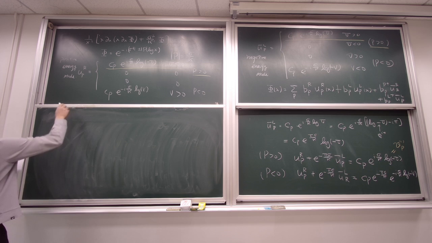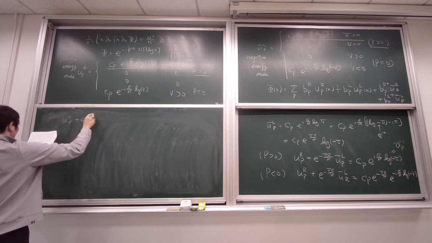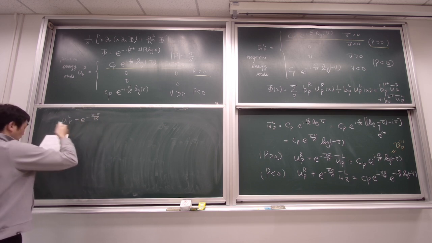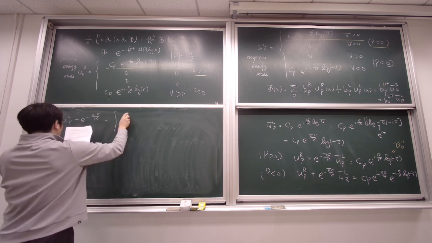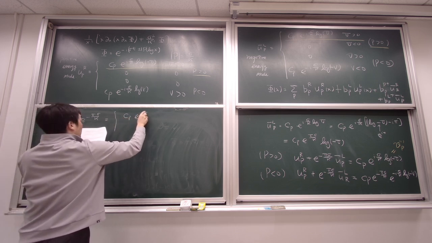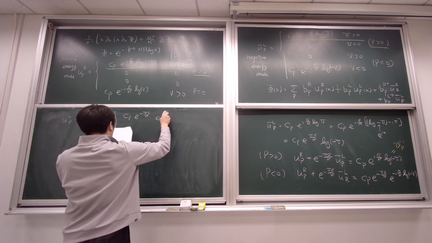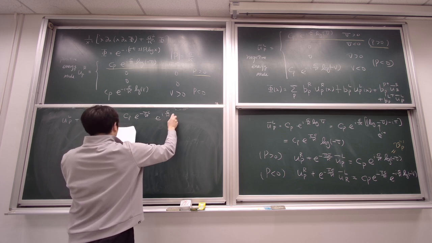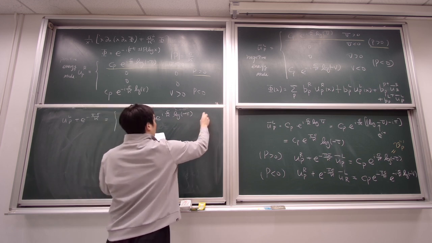And we can also construct UL of P plus e to the minus pi sigma over kappa, which is something like Cp e to the minus pi sigma over kappa e to the i sigma over kappa log minus U when P is positive.